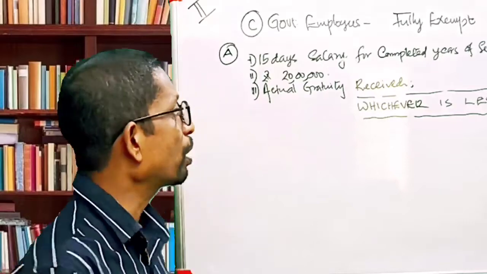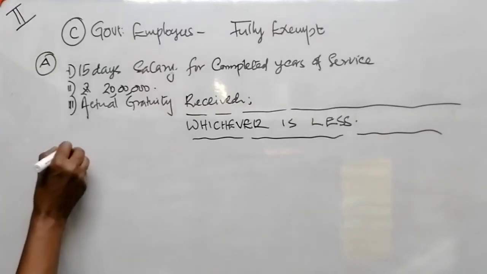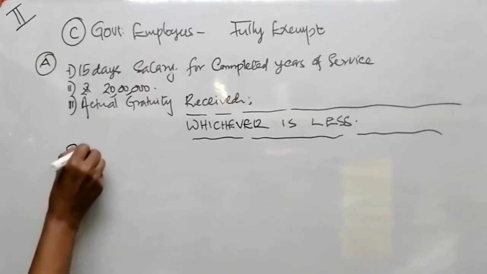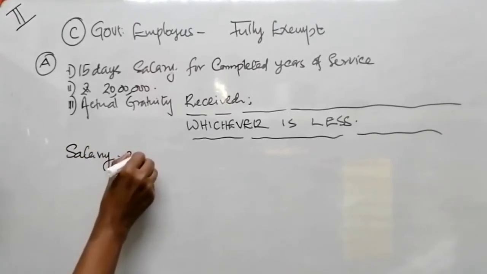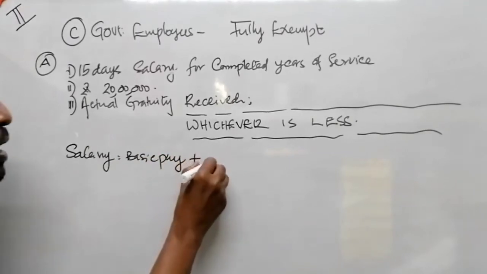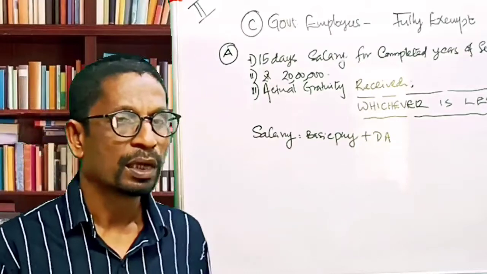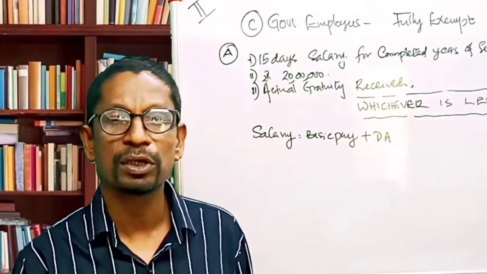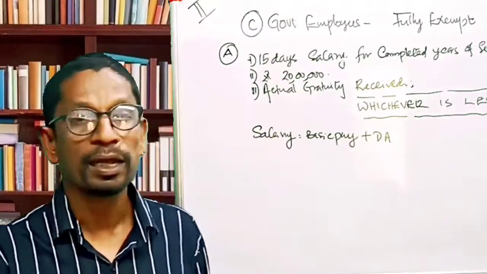And again, one more important matter here, 15 days salary. Salary here means basic pay plus DA. Regarding DA, listen now. Even if information is given about DA, we do not consider only a part of it; the total amount of DA will be considered here.